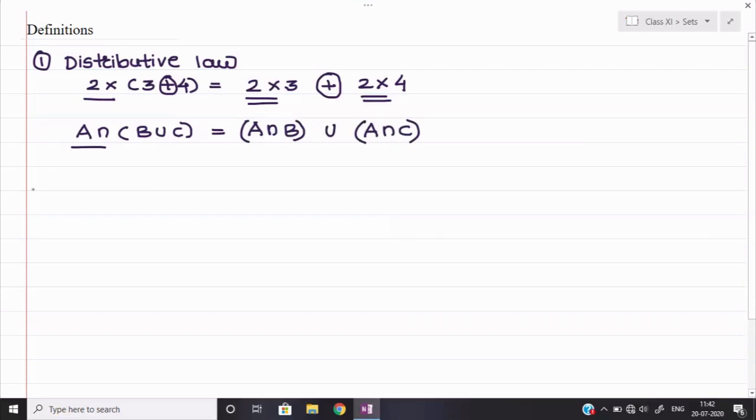Now the second law which I need to discuss with you is A minus B is equal to A intersection B dash. These two terms are always equal. If you want to check, you can definitely check with the help of some example.